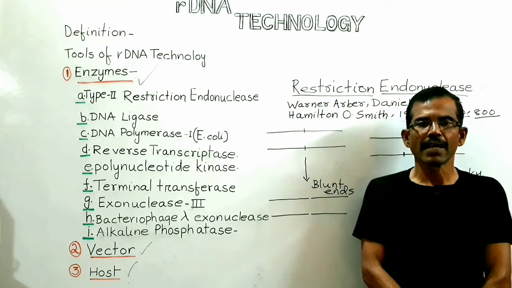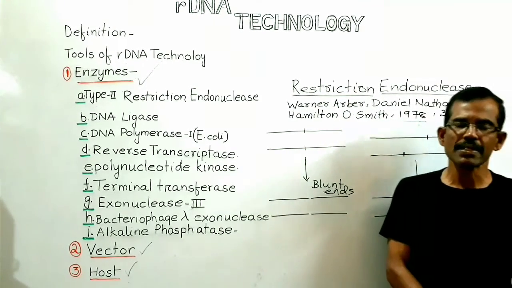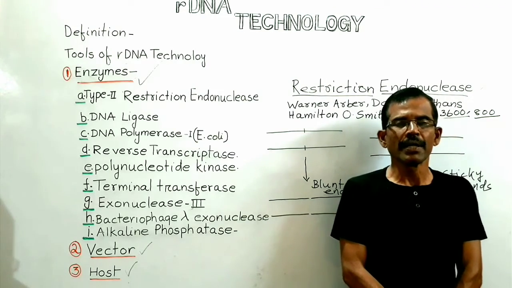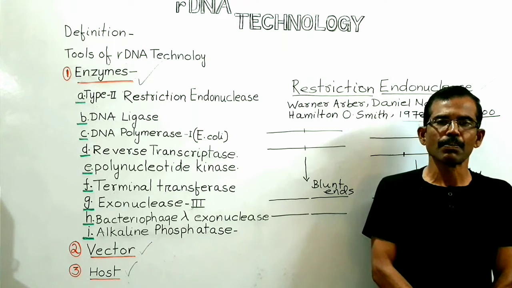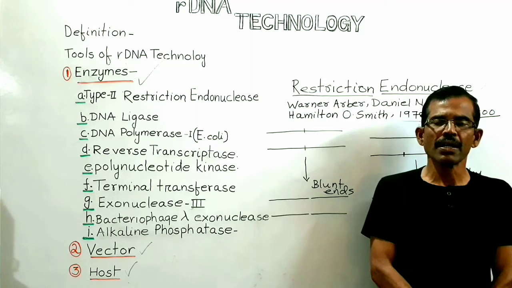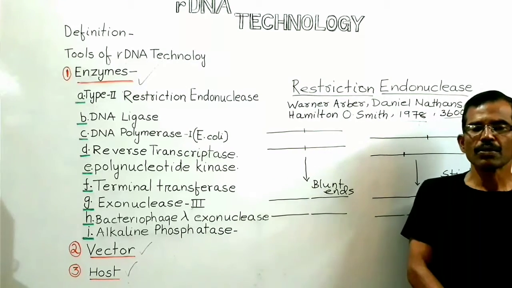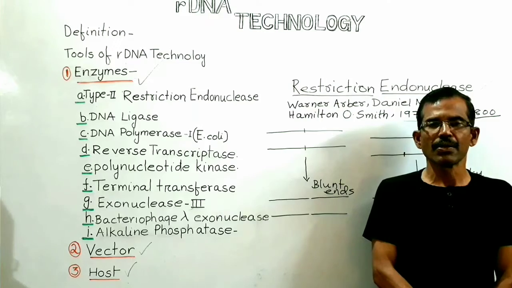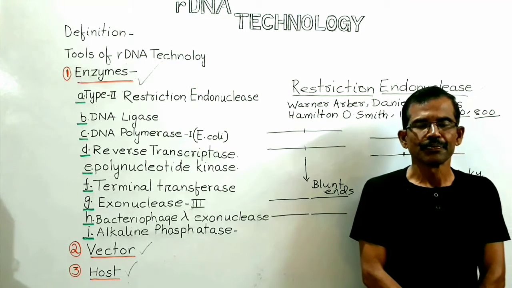Out of these, type 2 restriction endonuclease is used in recombinant DNA technology for cleaving phosphodiester bonds within or near a specific recognition site.